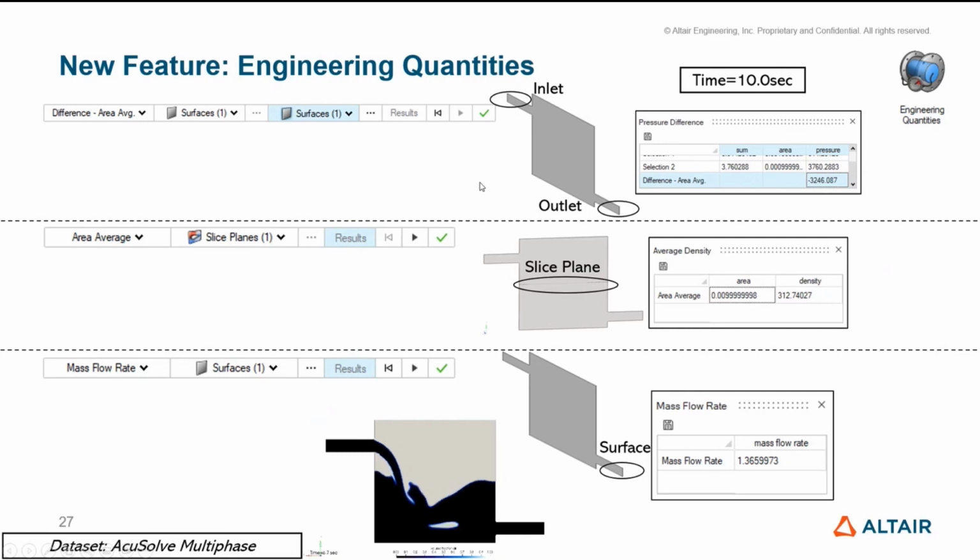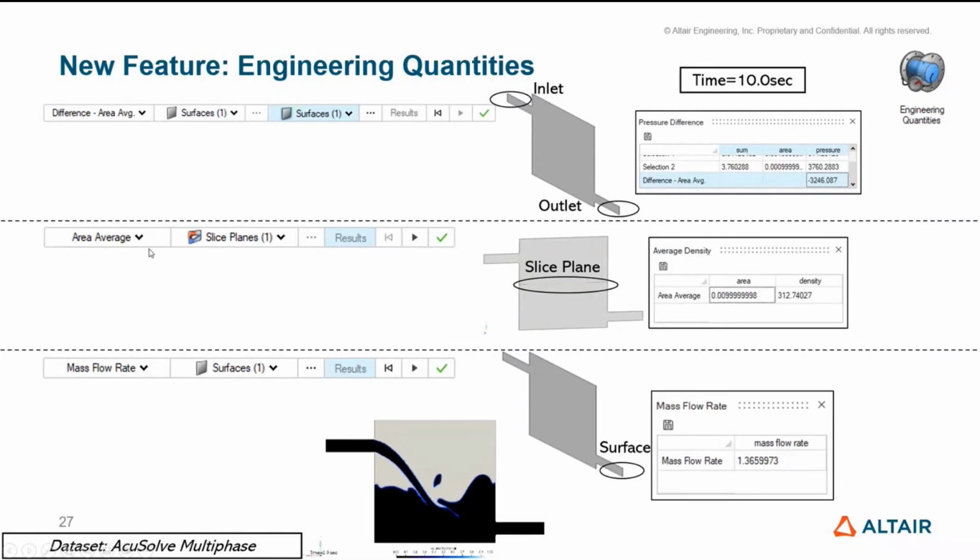In this case, it's pretty clear, but in other cases, you might have some slice plane or some other derived entity that you can select here in your difference, and the tool will compute the integral on that surface or derived entity, and then do it again for your second selected surface, and then compute the difference between those 2 integrals, right?